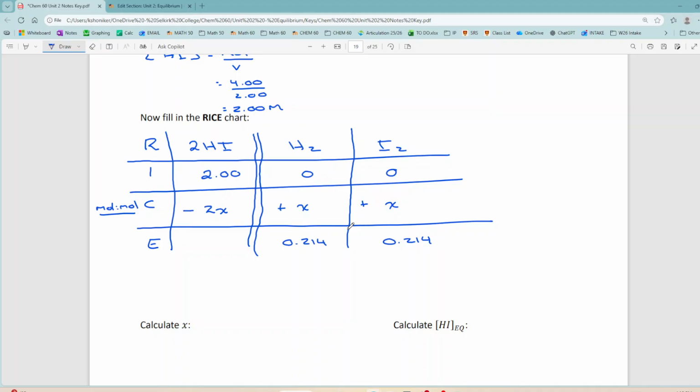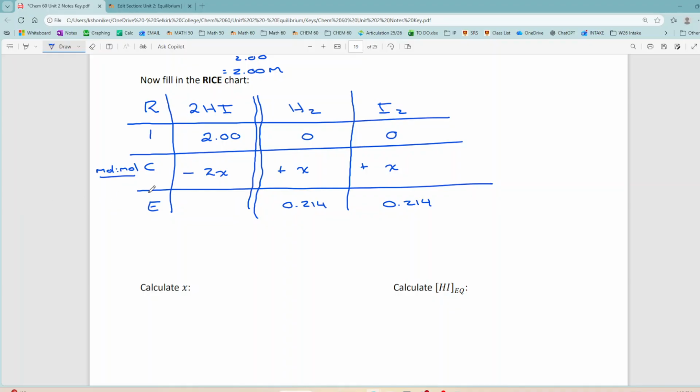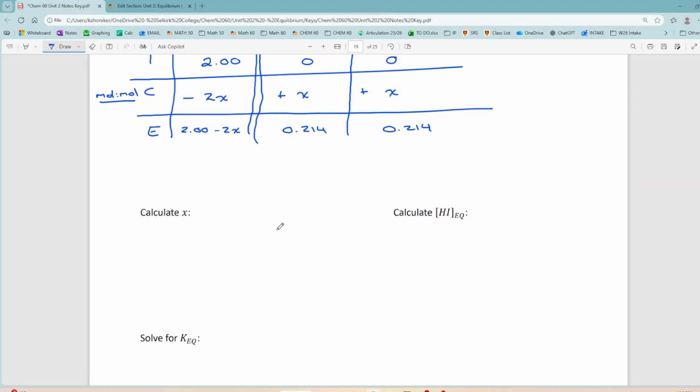Step 4 is to solve for x. Now I often will also fill this out. So the equilibrium concentration of HI would be 2.00 minus 2x. Then I'm going to calculate x. So for either the hydrogen or the iodine, 0 plus x gave me the 0.214. So I know that x is 0.214.